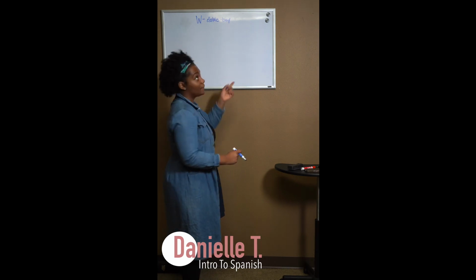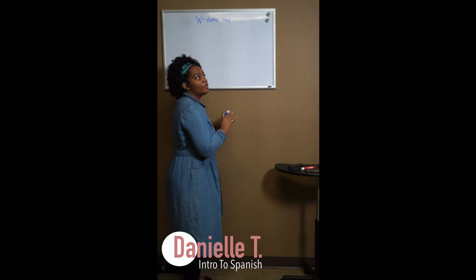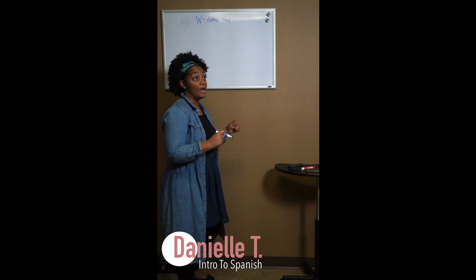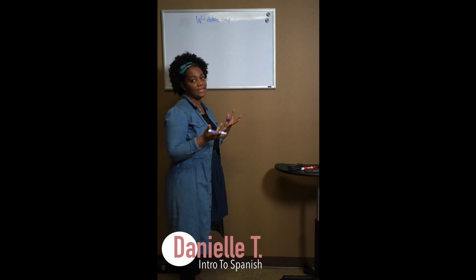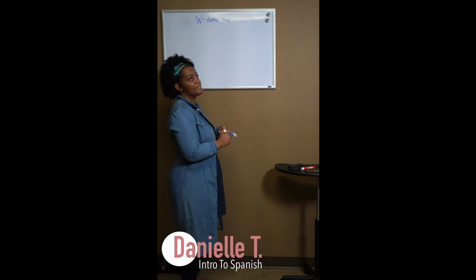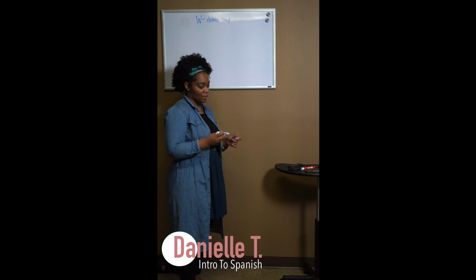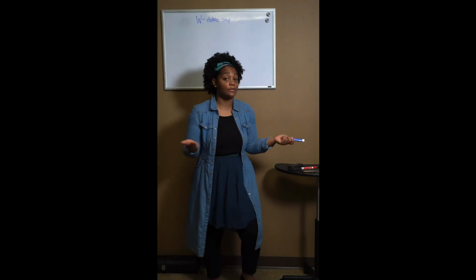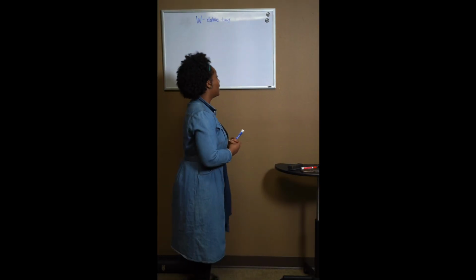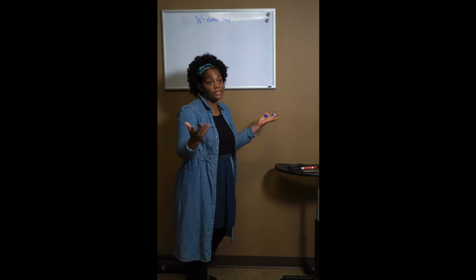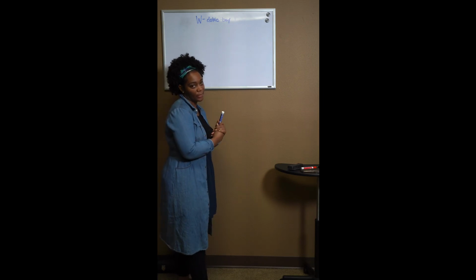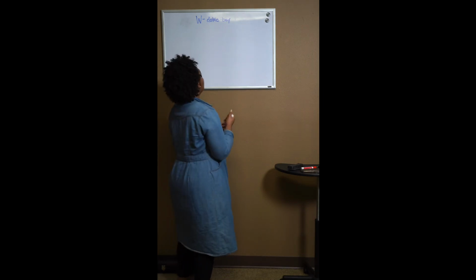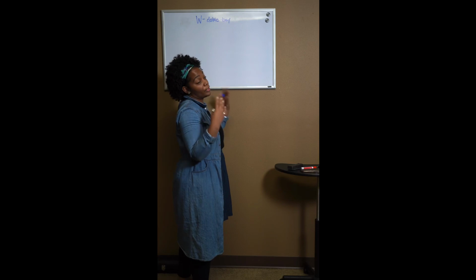W is like K. W you really won't see in a lot of Spanish words, because you'll only see it when it's borrowed from an English word. So I can't find any words in Spanish with W. It's a Latin letter, but there aren't any native Spanish words that use it. But anyways, it's called doble ve or doble u, whatever.